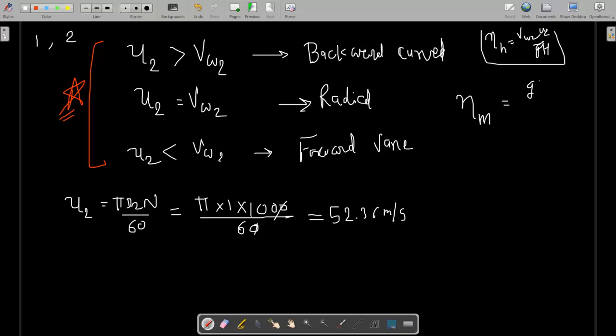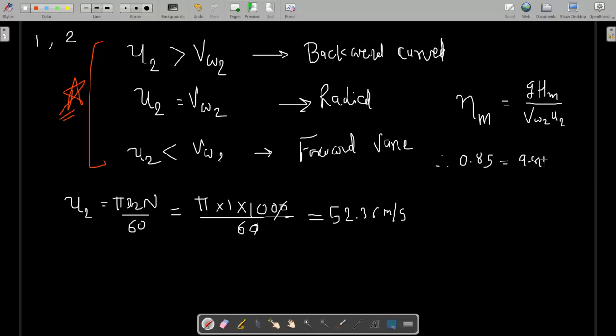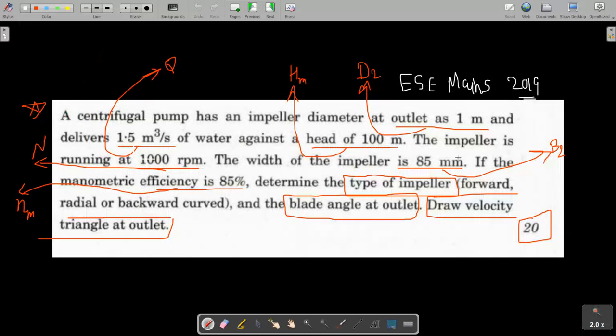So manometric efficiency is g into manometric head divided by Vw2 into u2. We have all the things given, only Vw2 we have to find. So put all the values here: manometric efficiency 85%, 0.85, g is 9.81, and manometric head is 100 meter.